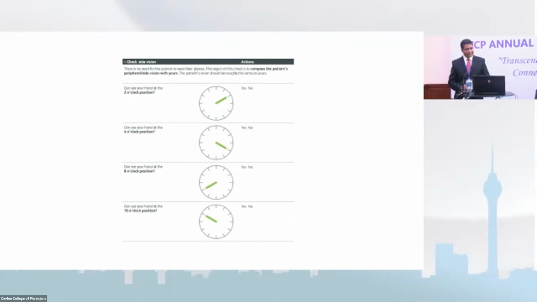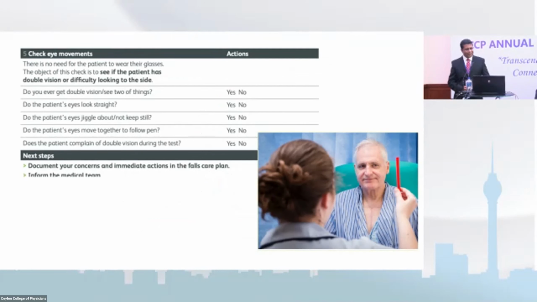The last two questions, like question number 4, basically assess the peripheral vision in all 4 quadrants. What I have given is the clock drawing, and we ask what is the time. With this sort of clock drawing, we can assess whether all the peripheral parts of the vision are intact. And the last part is eye movement.